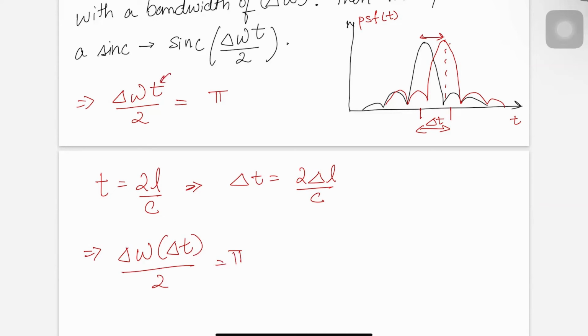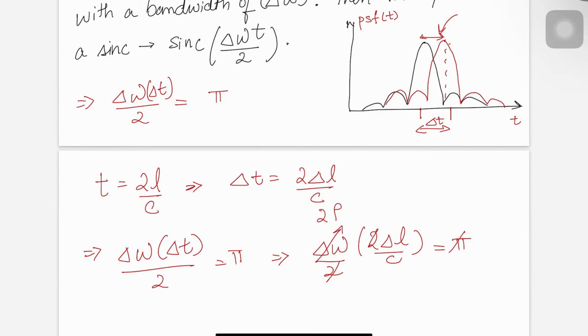This should actually be Δt, with the notation I've used here, because we're looking at this separation. So that should be π, which means that Δω times 2ΔL over c, over 2, equals π. The 2 and this 2 cancel, and the π cancels with the π in here.